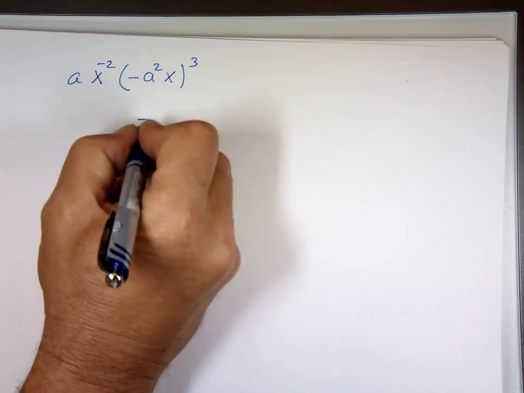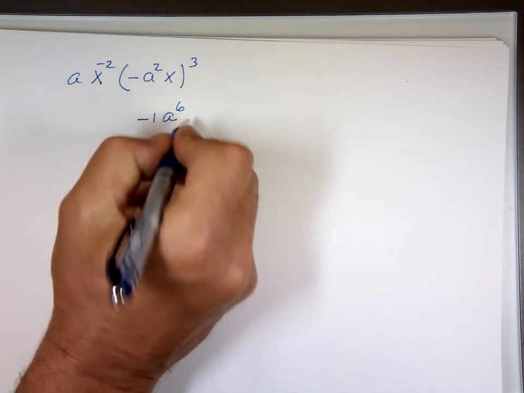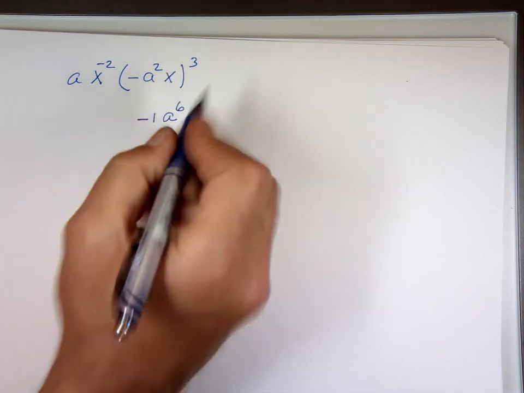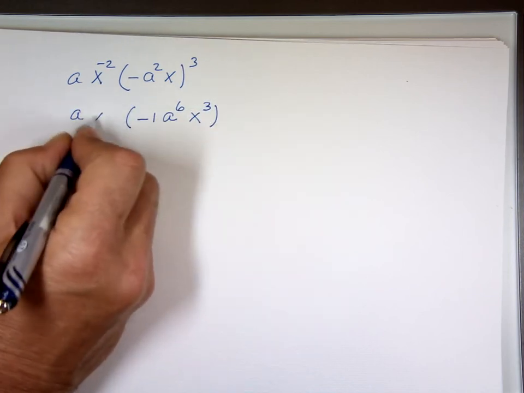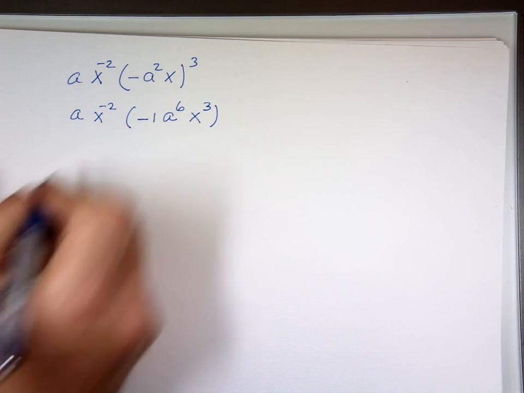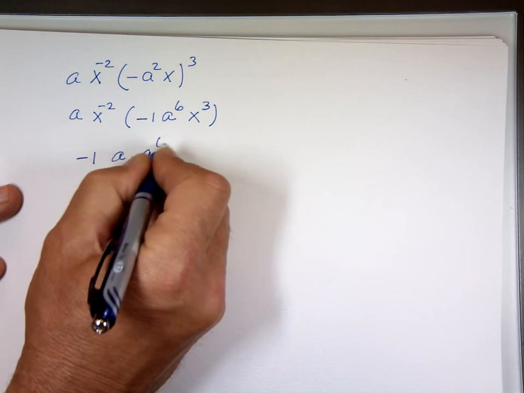I can put the 1 or take the 1 out. A to what power? What is 2 times 3? 6. X to what power? What's 1 times 3? 3. And you're going to multiply that by x to the negative 2. I can reshuffle them. I can put the negative 1 in the front. I can put the a's next to each other. I can put the x's next to each other.